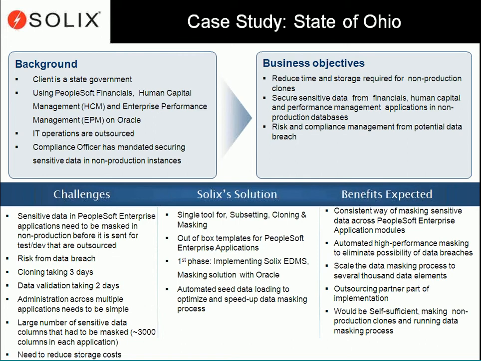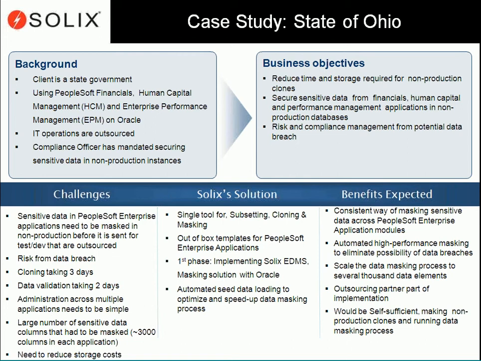In the case of the state of Ohio, they're big users of Oracle PeopleSoft Financials, Human Capital Management, Enterprise Performance Management, and so forth. And obviously there is a lot of sensitive and confidential data stored in these applications. The key thing in the state of Ohio is that these IT operations are also outsourced.